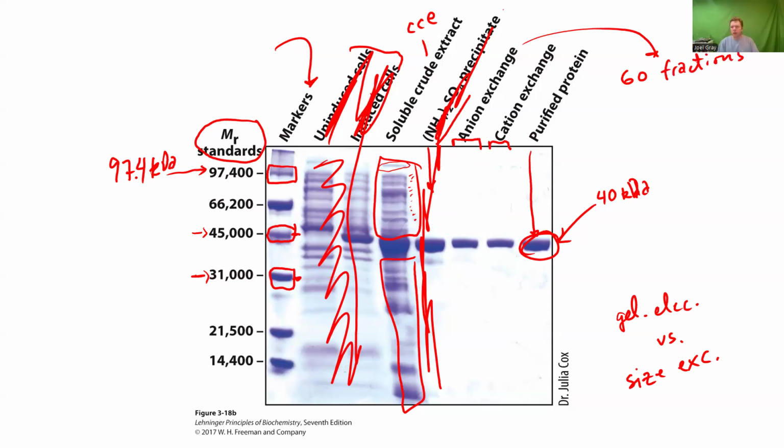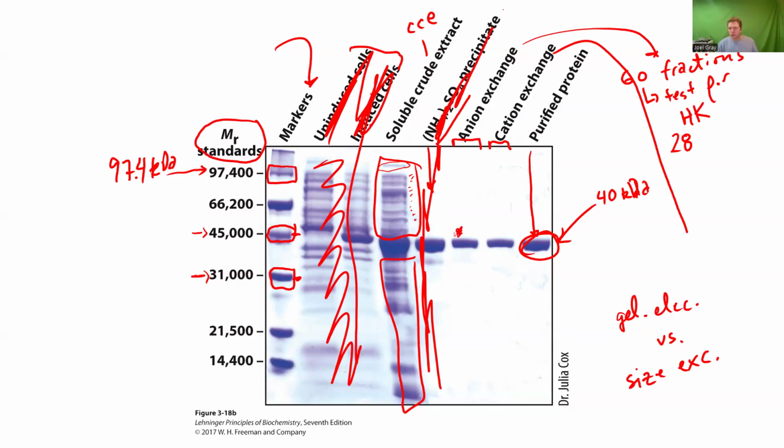And we'll just use hexokinase as our example. You would go to each one of those fractions and test for hexokinase. And whenever you collect the fraction, let's say it's fraction number 28, just a random number, that has your hexokinase activity, you would load a small amount of it here.